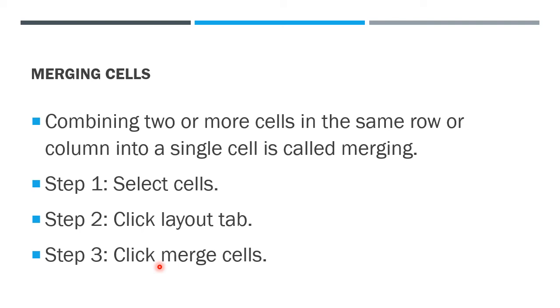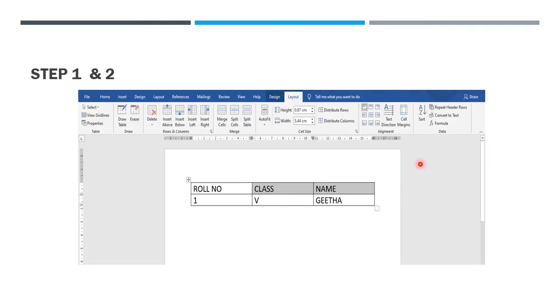Now we are going to see how to merge the cell. See here, select the cells you want to merge. So here I selected the cells, class and name. So these are two separate cells.